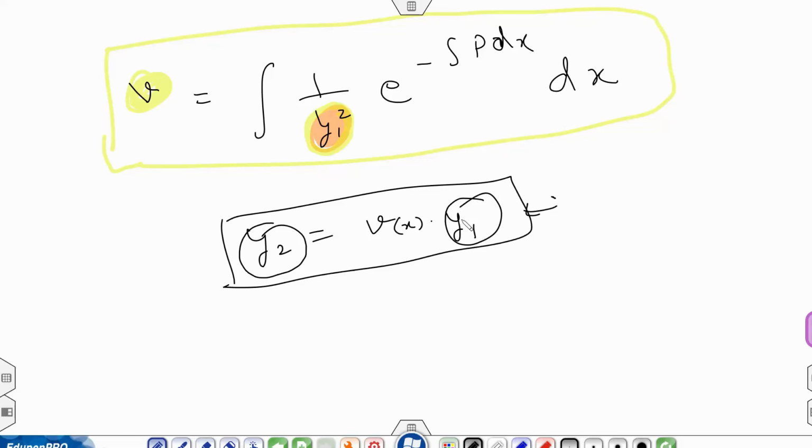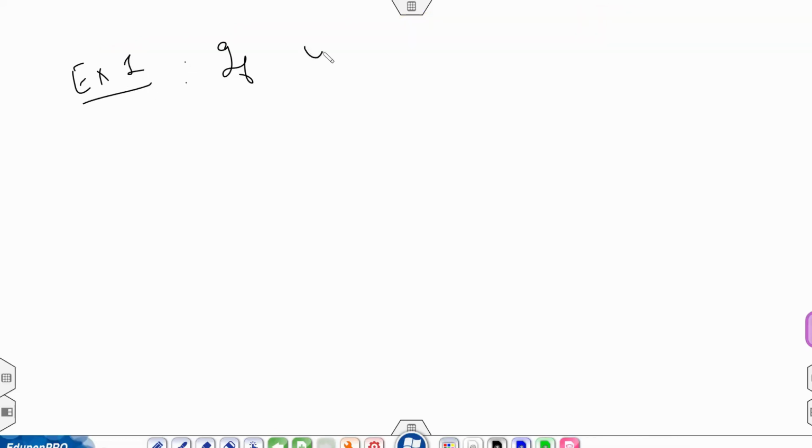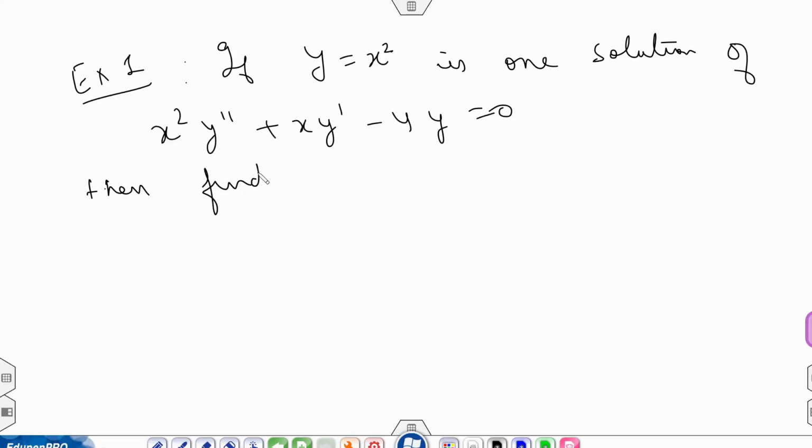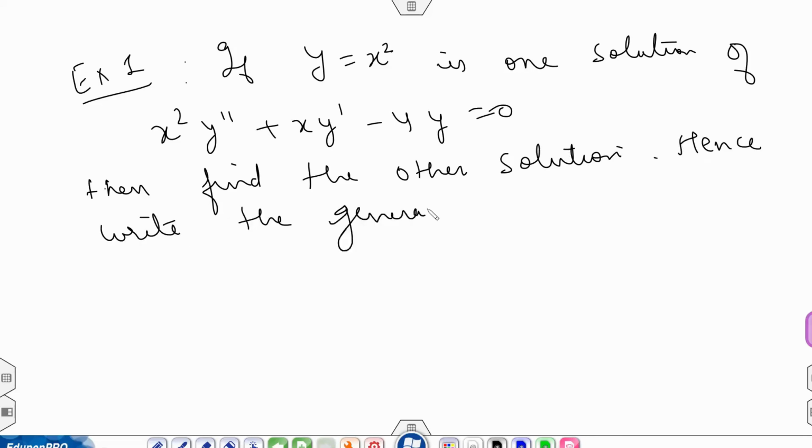So let us do a few examples on this. Example number 1: if y is equal to x square is one solution of my differential equation, then find the other solution, and hence write the general solution. Okay, so let us do this problem. Here we are given one solution.